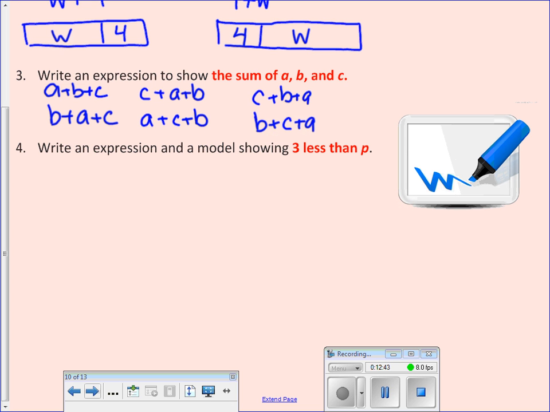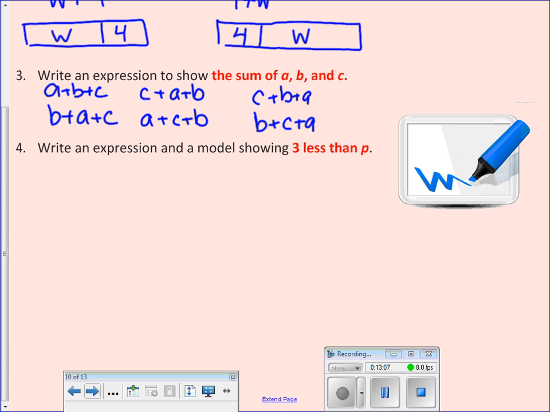Awesome. So let's write an expression and a model showing 3 less than P. All right, what operation is this? Subtraction. So careful, careful, careful. Red lights, red flags, everything else, we need to be careful. What is my original quantity, 3 or P?